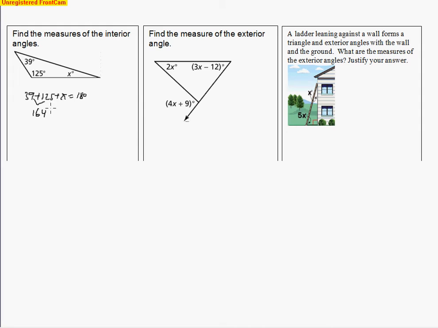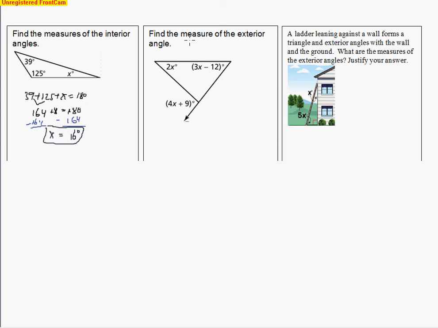And so then I have to subtract that from the 180 degrees to solve that equation. So we'll go ahead and subtract 164 from that 180, and when I do so, I end up with 16 degrees. And that would be the value of x, or the missing side there. So two of the angle measures are given, and just that third one was missing.